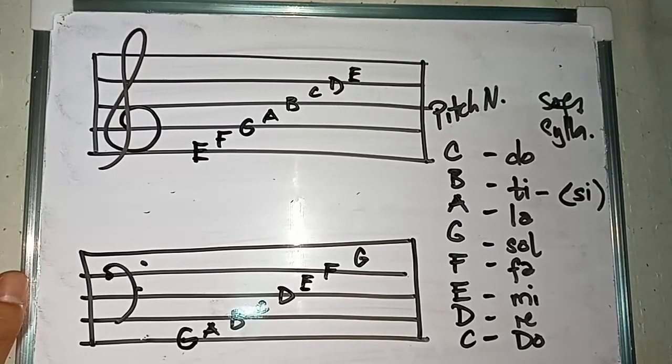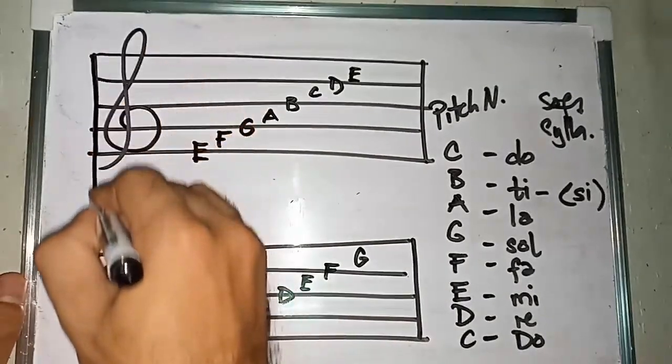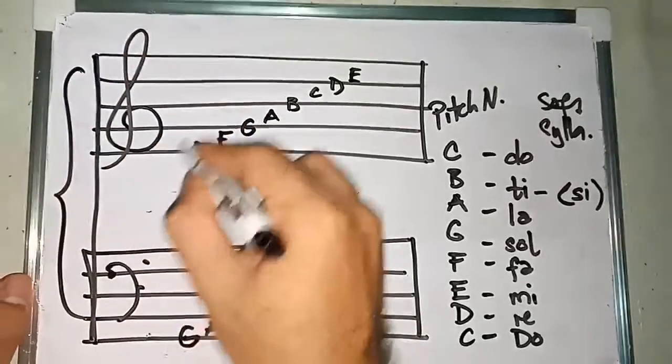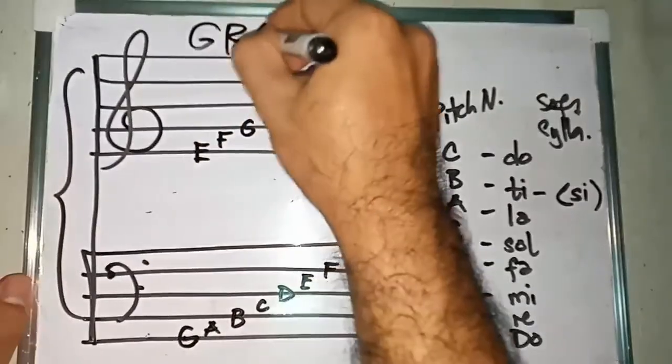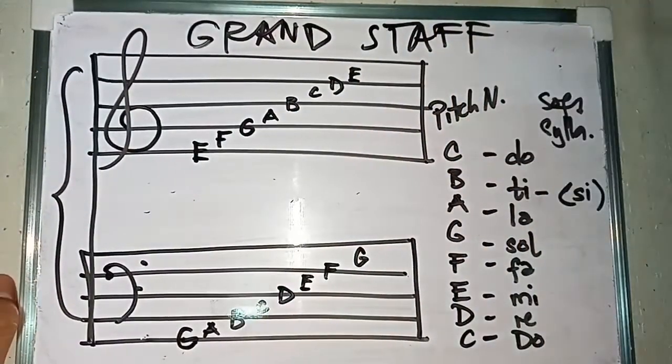When the treble clef and the bass clef are combined together by a bracket, a grand staff is formed. So if we combine these two, we can create a grand staff. A grand staff is formed when you combine the G clef and F clef.